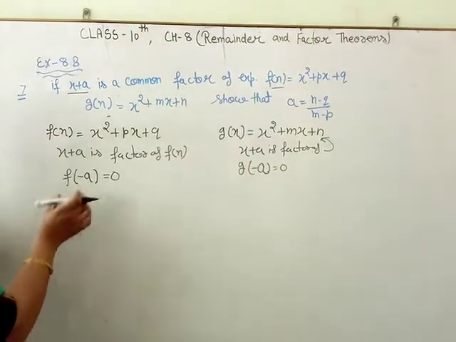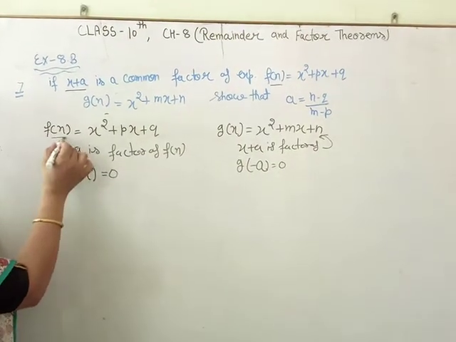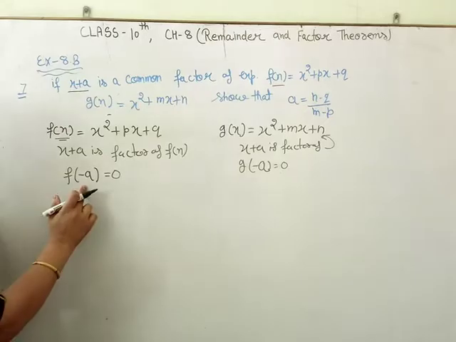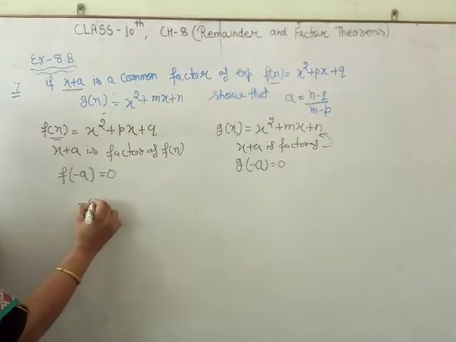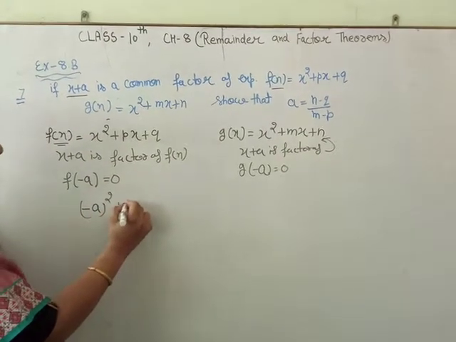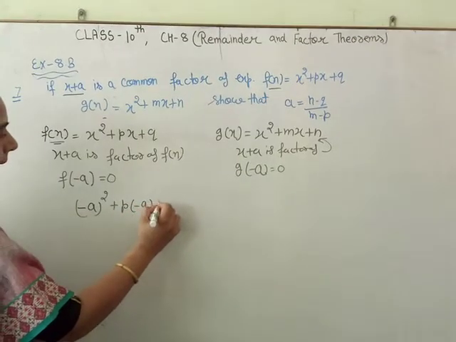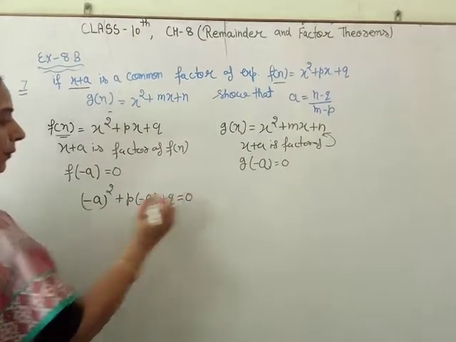Okay student, for f of minus a, we put minus a in place of x in this expression: minus a square plus p into minus a plus q equals 0.